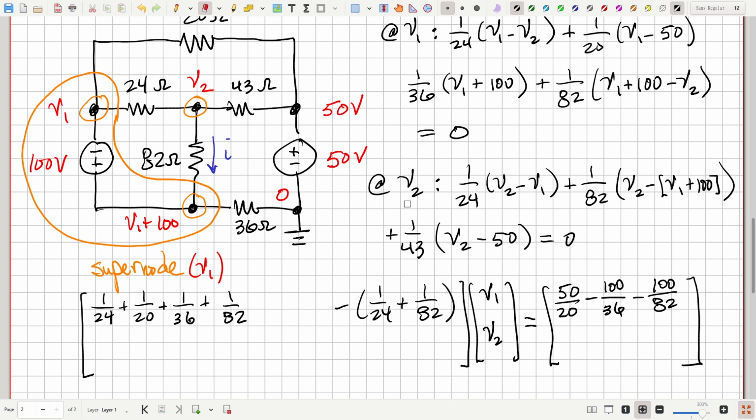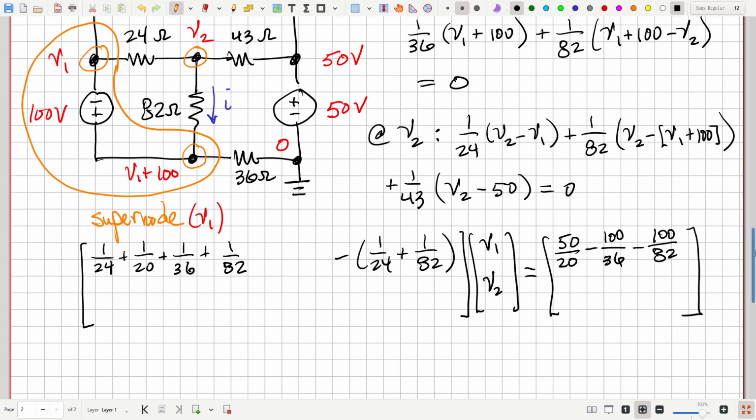How about at node 2? What are all the V1 terms? Here's minus 1 over 24. Here's minus 1 over 82, which is the same as this other off-diagonal term. So minus the quantity 1 over 24 plus 1 over 82. And then how about the V2 terms? We've got 1 over 24, 1 over 82, 1 over 43.